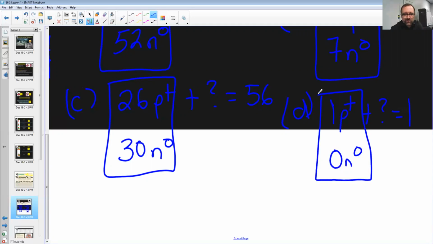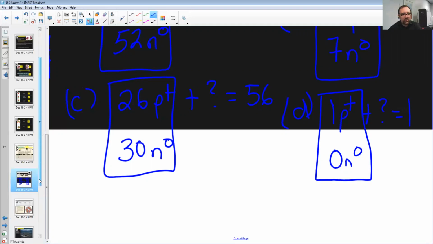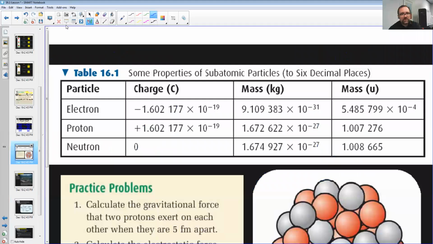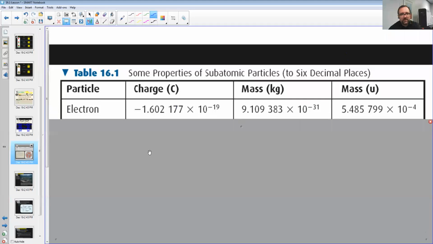Okay, hopefully you did give that a try before I gave you the solutions. With that, let's move on to the next section of determining how heavy these actual subatomic particles are. First things first, we have to understand that the charge of an electron is 1.6021177 times 10 to the negative 19. The mass is dramatically small for our electron, 9.109383 times 10 to the negative 31, and the mass written in u here is 5.485799 times 10 to the negative 4.